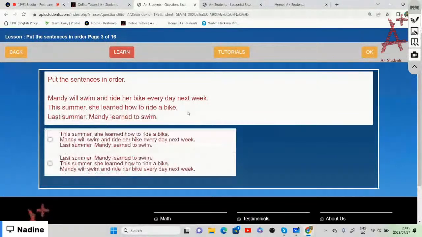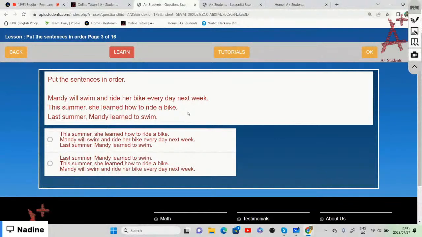It says Mandy will swim and ride her bike every day next week. This summer, she learned how to ride a bike. Last summer, Mandy learned to swim. We need to put these sentences in order. There are two options.